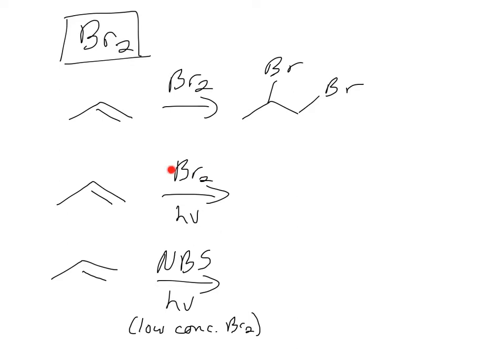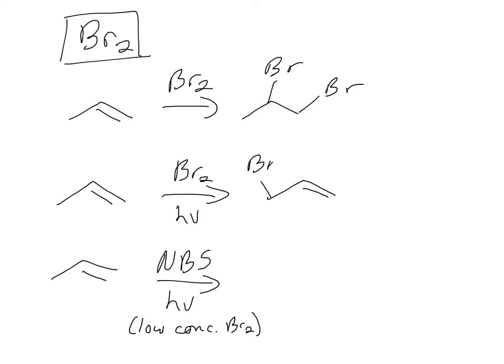In this case, we need the light to react with Br2 first to make the 2 Br dots. But let's just say if the Br2 is around the light and that reaction doesn't take place first, where the Br2 breaks up into Br dots, this Br2 is just going to behave like it is up here. So it's helpful to be able to have Br2 in low concentrations and still do these radical reactions.